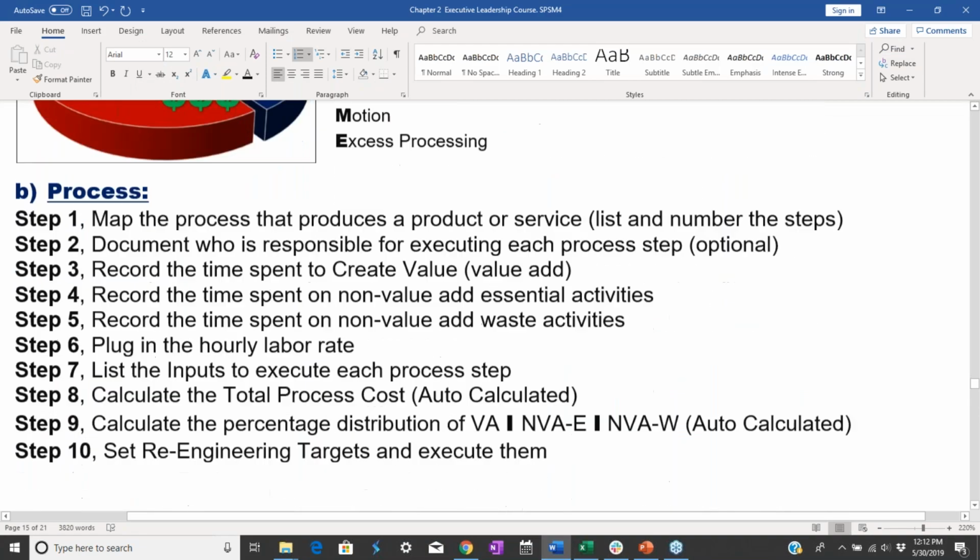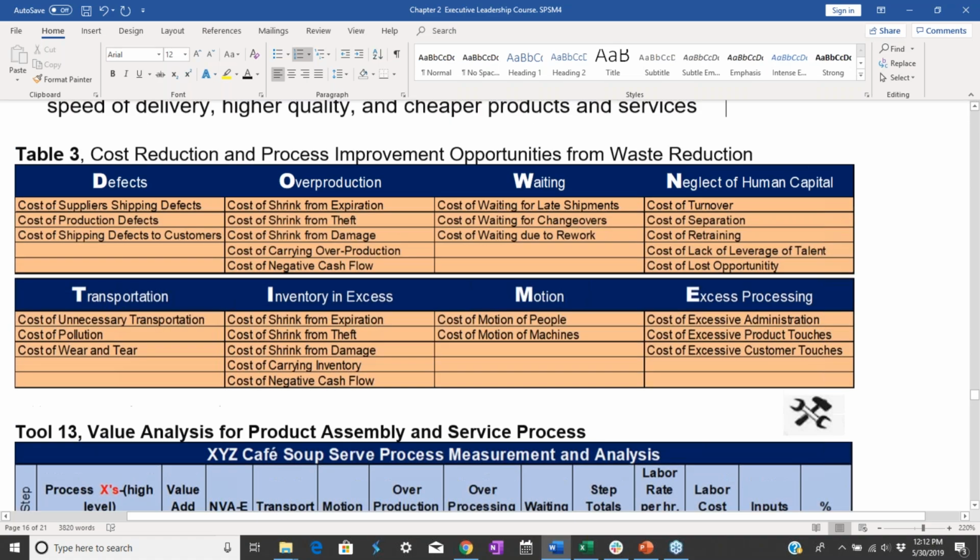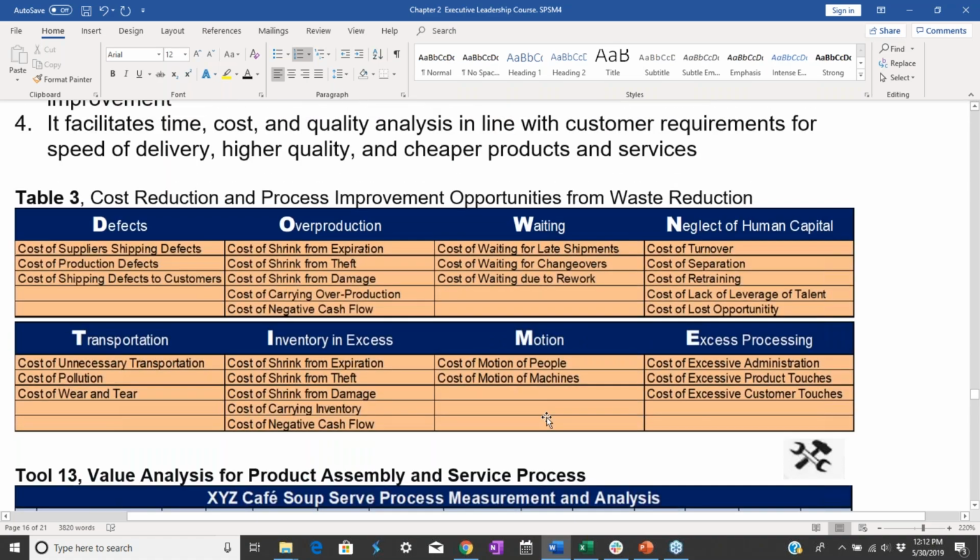So we made up this table here, and it's based on what we call, I mentioned waste and cost reduction opportunities from waste, and the 8 categories: defects, overproduction, as I mentioned before, waiting, neglect of human talent, transportation, inventories, motion, and excessive processing, as I said, over processing.